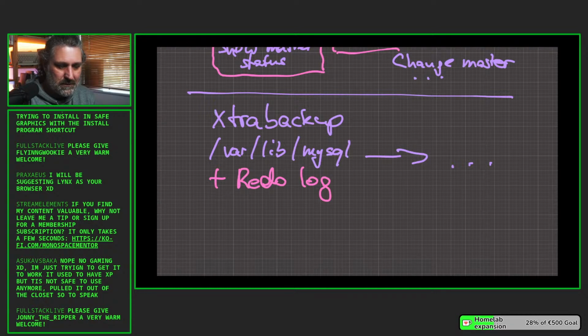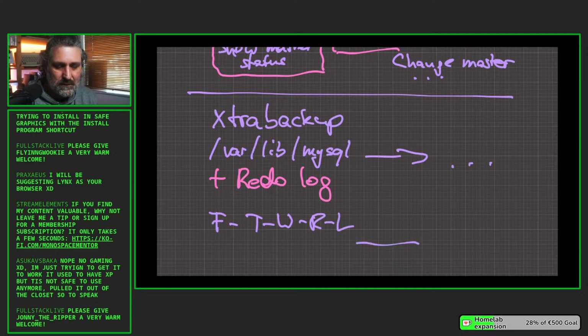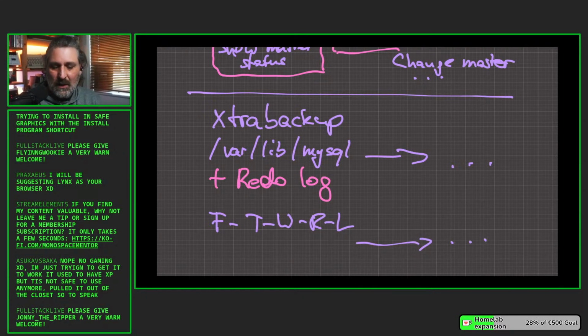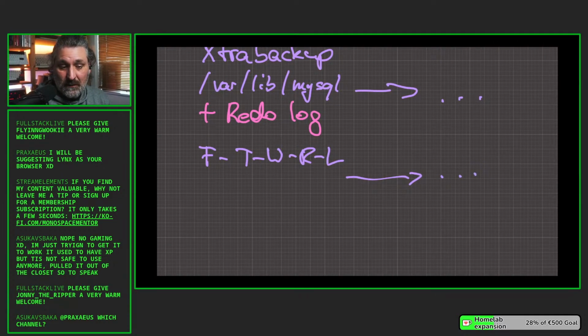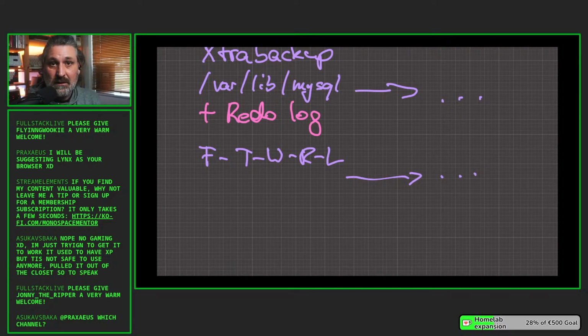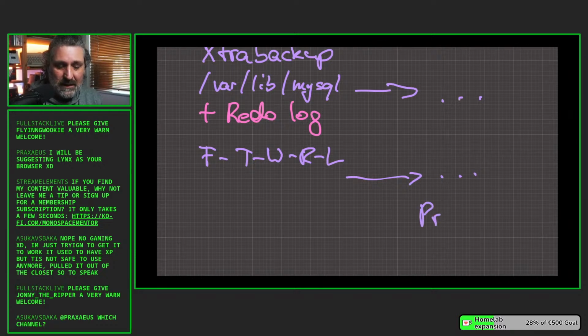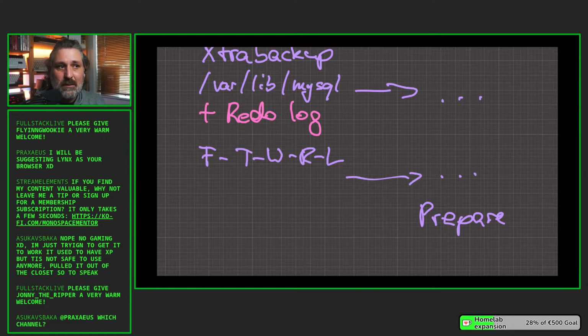Do another flush tables with read lock, do a final transfer, and now we have consistent data over here. If we combine the copied files from /var/lib/mysql with the redo log information, which gets stored separately, finally we'll have to do an Extra Backup prepare over here, which is Extra Backup basically spinning up MySQL.